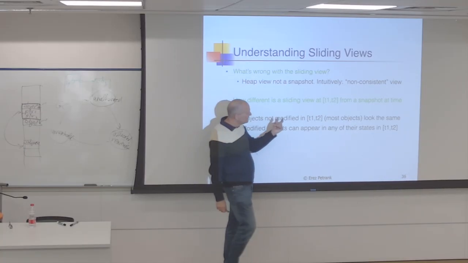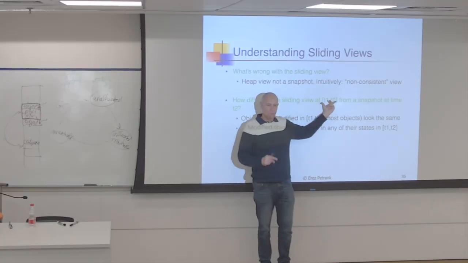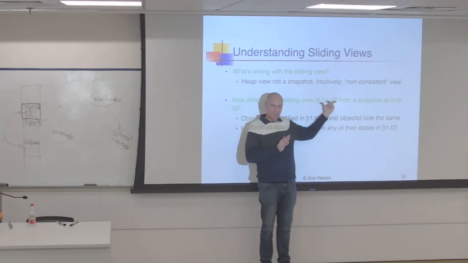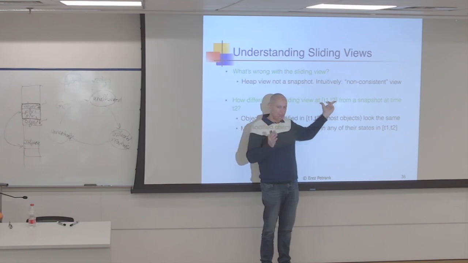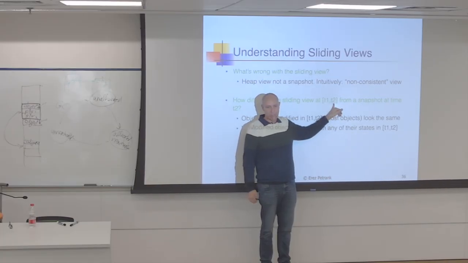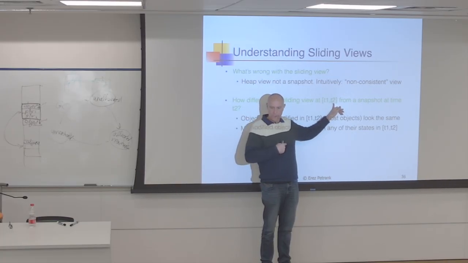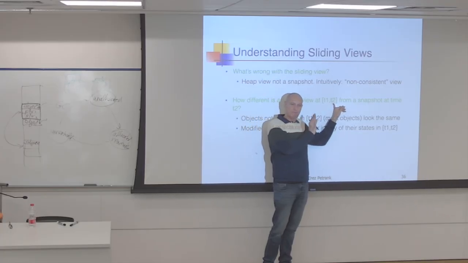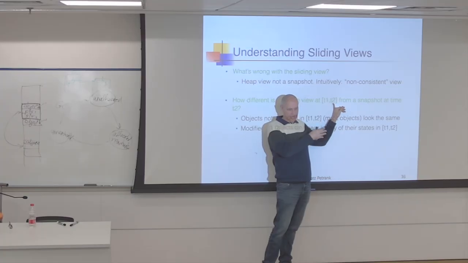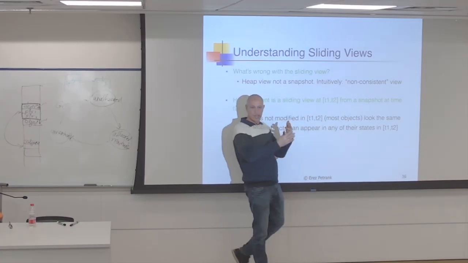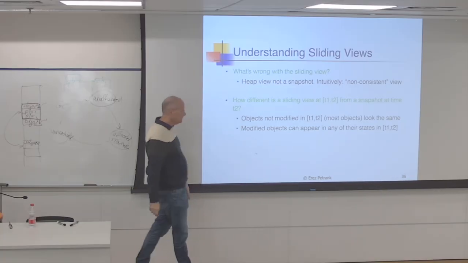We have a sliding view between T1 and T2, and we want it to somehow represent a snapshot at time T2. We want to compare what we see with the snapshot at T2. If we could get a snapshot at time T2, then we're fine to trace that. But we don't have that.